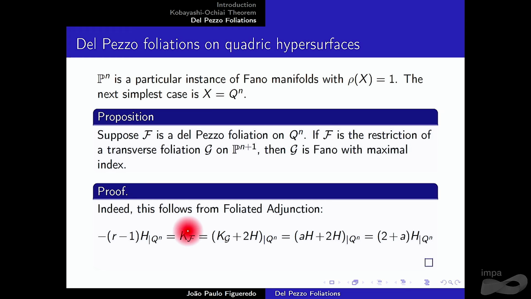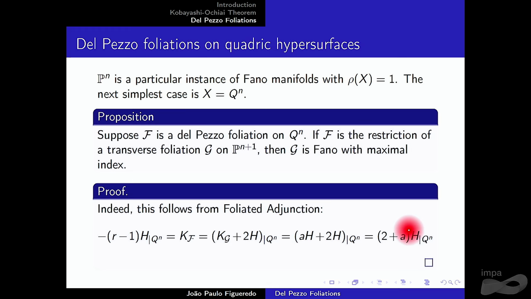So the foliation F is Del Pezzo, so its canonical is -r plus 1. And at the same time, by adjunction, this is K_G plus 2H. And this will be a plus 2. So this a will be equal to -r plus 1.